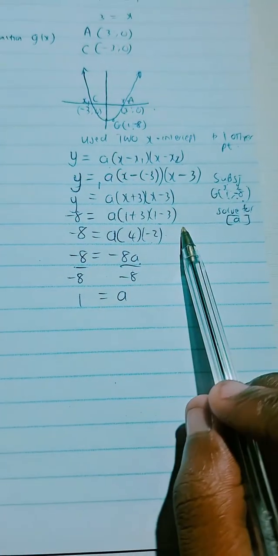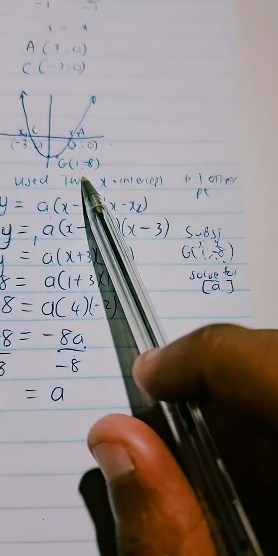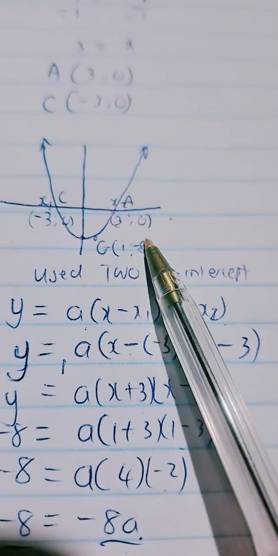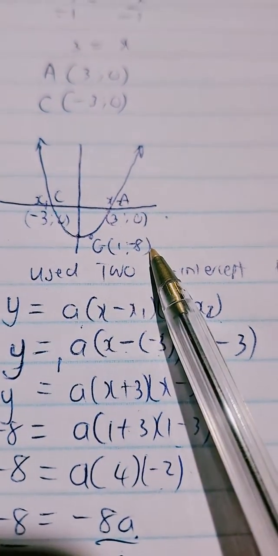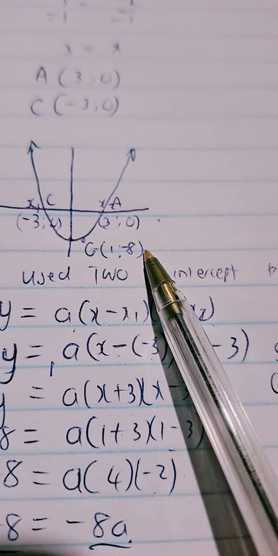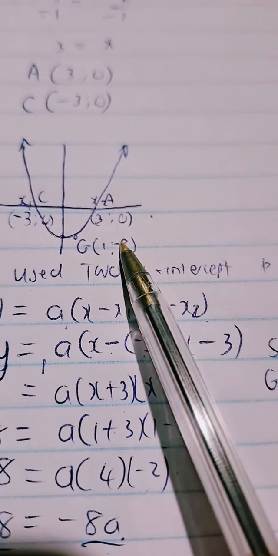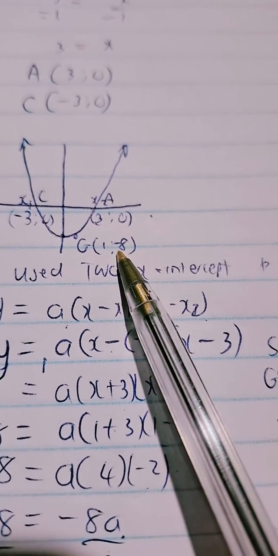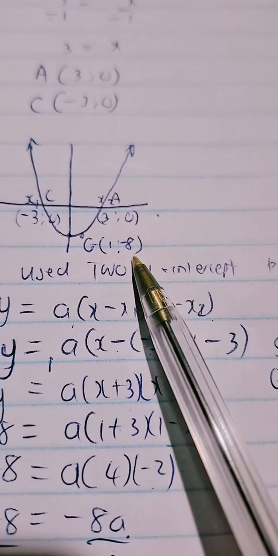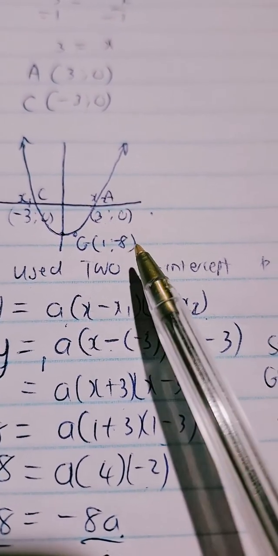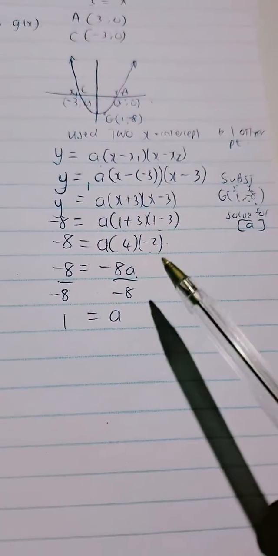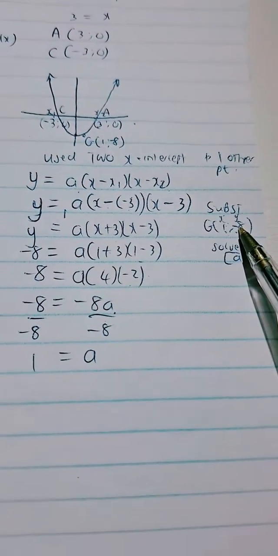I nearly once again wrote a positive coordinate here, not writing the coordinate that was represented there. It seems like I have a problem with signs. I have a tendency of forgetting the signs when I'm writing them down, and that is going to be costing me. So if you are like me, please make sure that you don't be like me when you write.